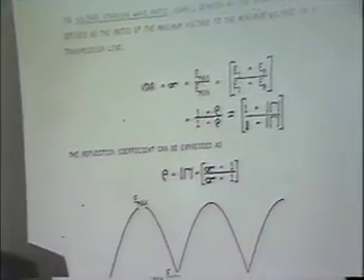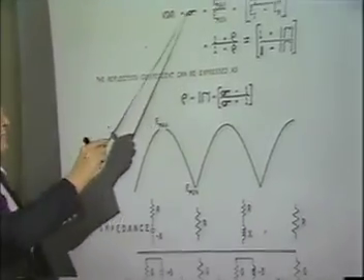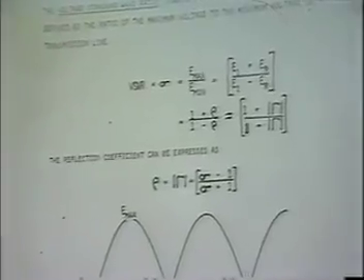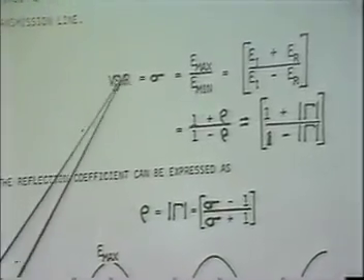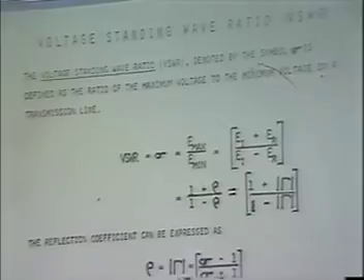So in this text, just take a little red pencil and, every time you see this rho, put this. That's the only difference. Now let's look at this equation. The voltage standing wave ratio is the ratio of the maximum voltage to the minimum voltage on the transmission line. E max to E minimum.